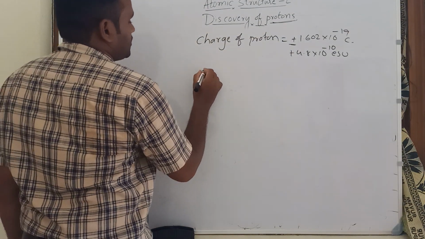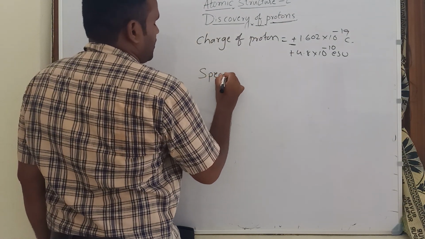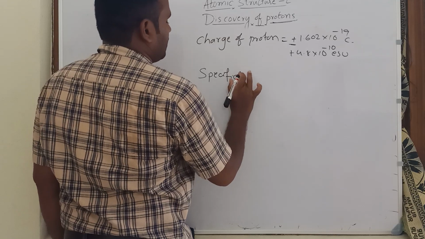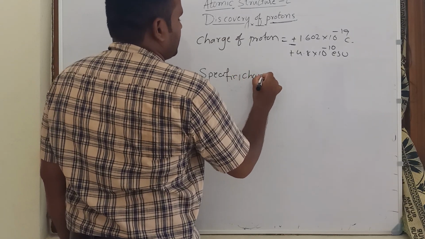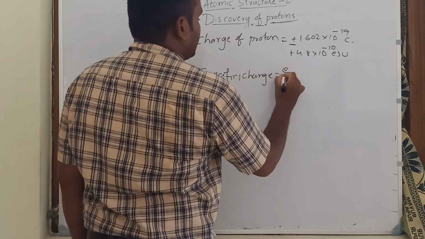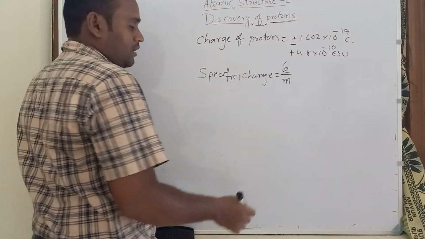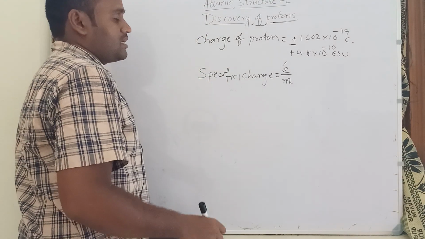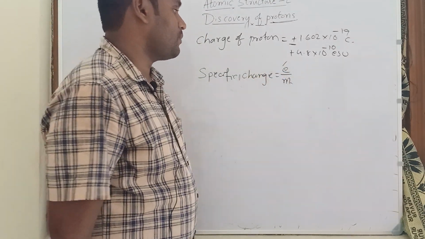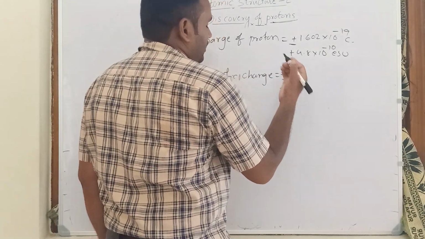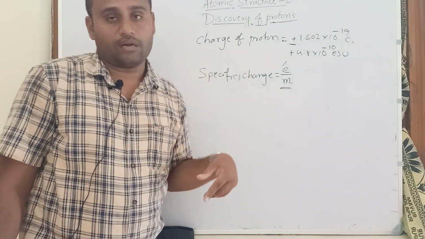And next, specific charge. Specific charge is nothing but the charge to mass ratio. Here e is the charge of proton, m is the mass of proton. Here we already know that the e by m ratio of electrons is constant.